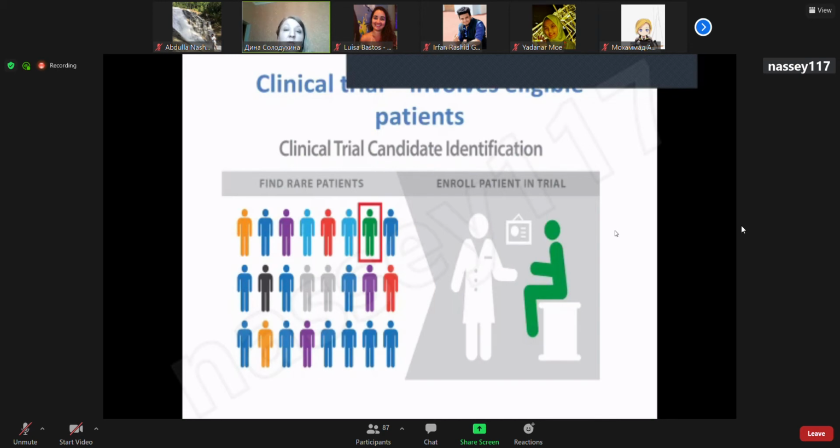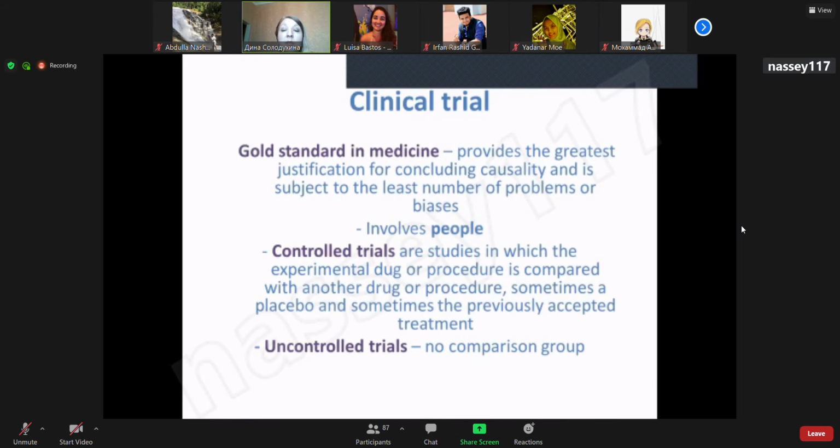In clinical trial, we involve people, and if we have a comparison group, we will call it controlled trial. If we don't have a comparison group, it is called uncontrolled trial. Still, it doesn't matter what kind of trial we use.